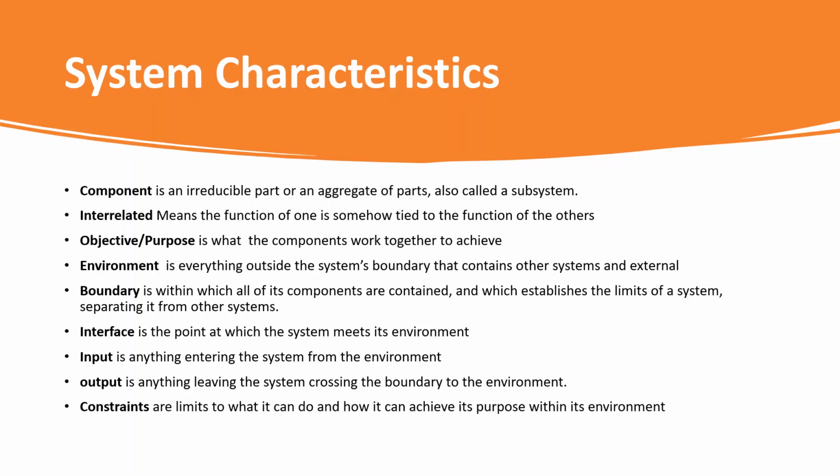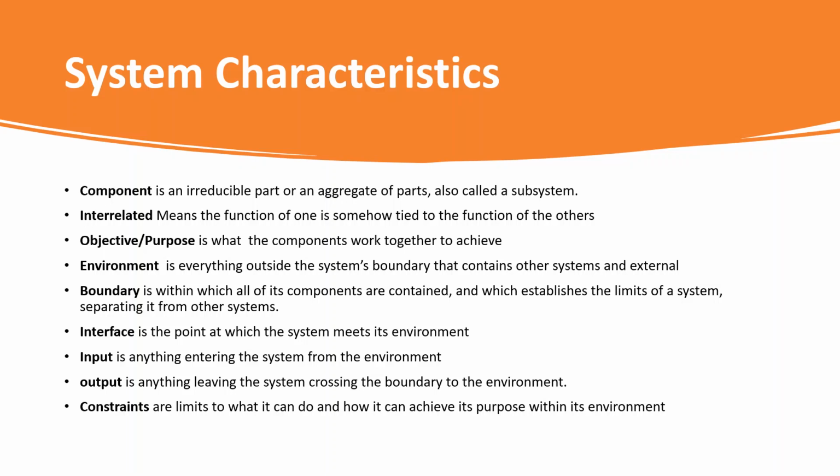So a system is made up of subsystems that work together to achieve a certain goal. Then systems are interrelated, which is another characteristic. That means the function of one is somehow tied to the function of another, so they work together.